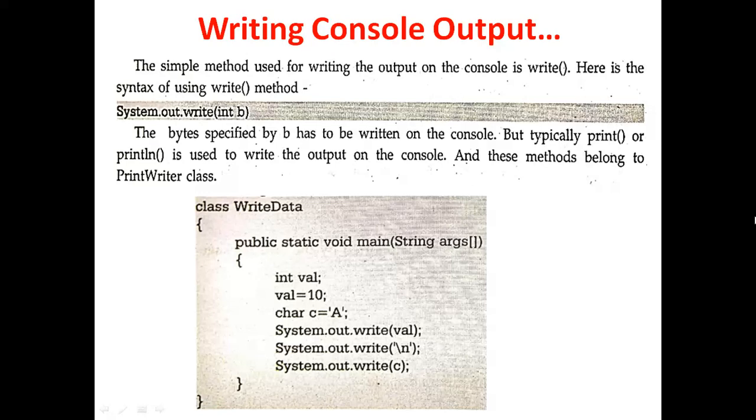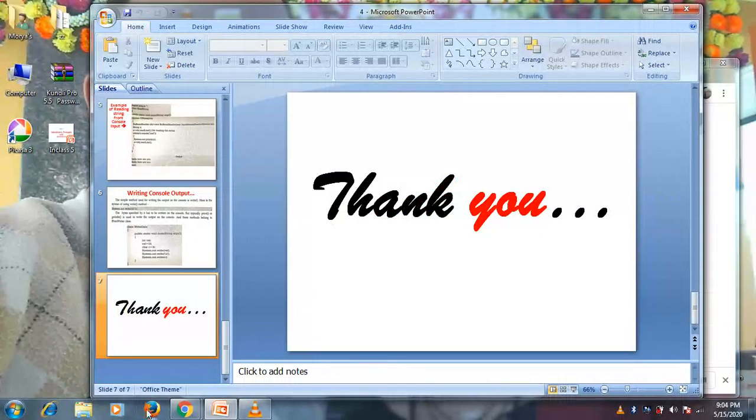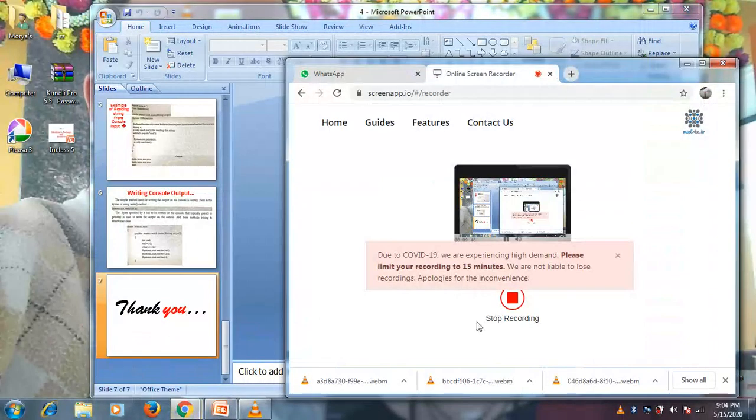Again, in the last line, we have written System.out.write c, that is, we are printing the value of c on the output console, and therefore the output will be 10 and A. Hence, we have studied how to read and write from the console in this presentation.